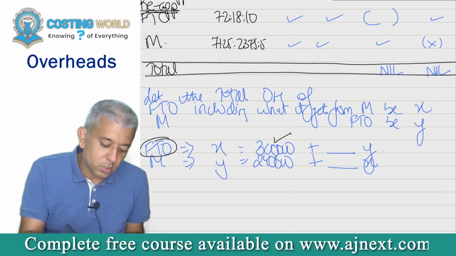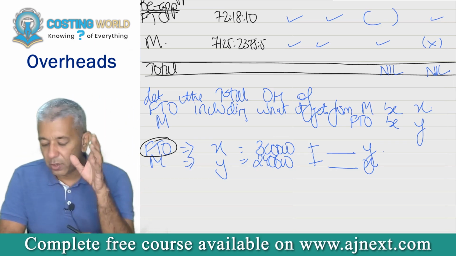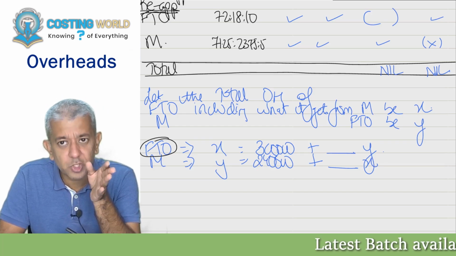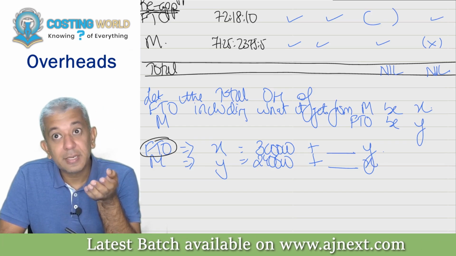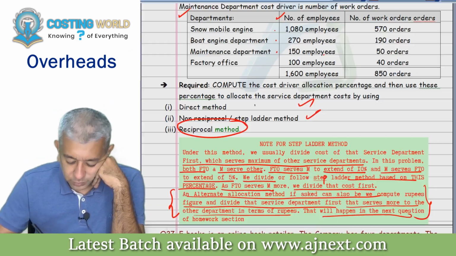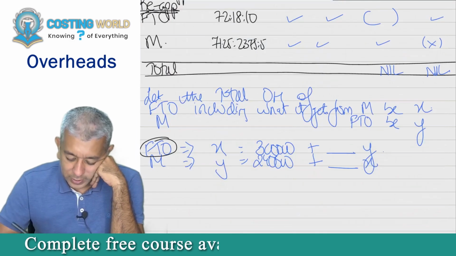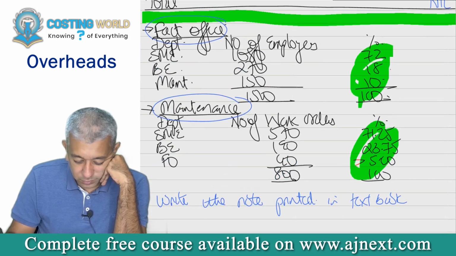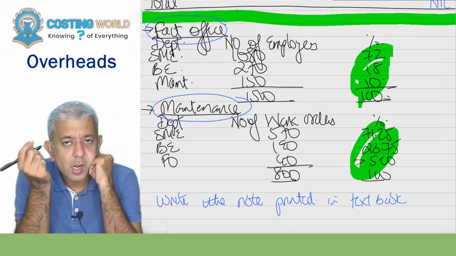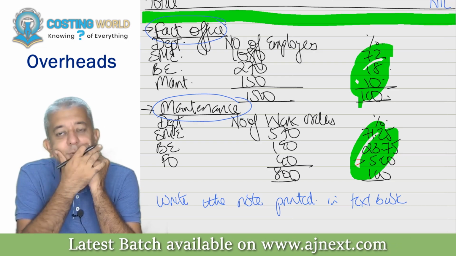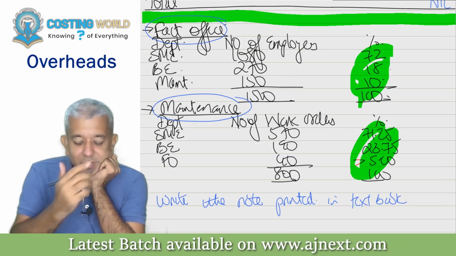Total overhead cost of factory office will be its own cost plus how much it takes from maintenance, because cost of maintenance will also be borne by it. So in this particular case, how much cost of maintenance will be borne by factory office? You all tell me what you have written, 10% or 5%? 5%.